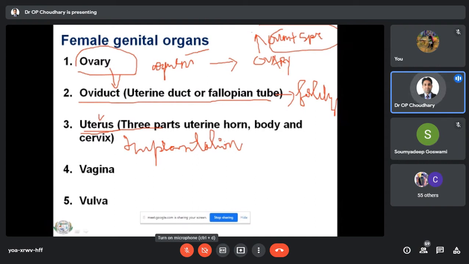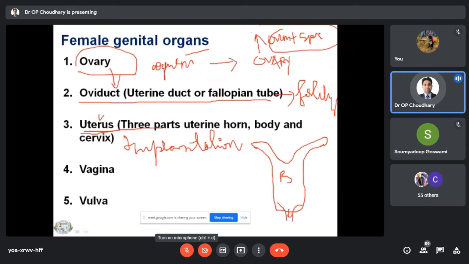This uterus usually consists of 3 parts. One is the horn, that is called the uterine horn. Actually, the shape of the uterus is like this. So there are 2 horns on either side, right and left horn. Then there is the body of the uterus, and the dilated part of the uterus, which is called the cervix.